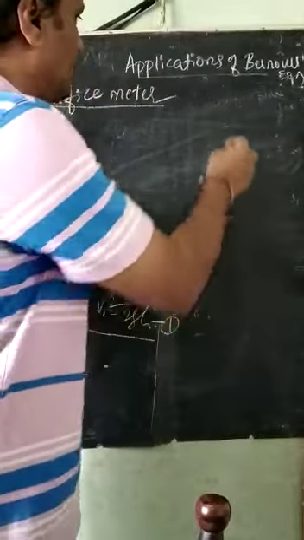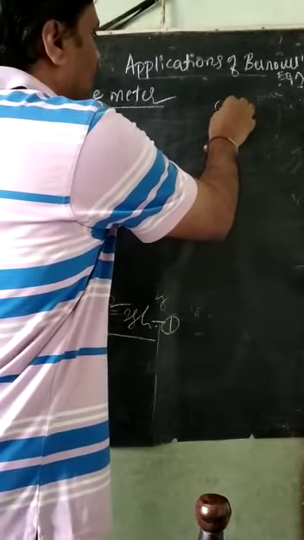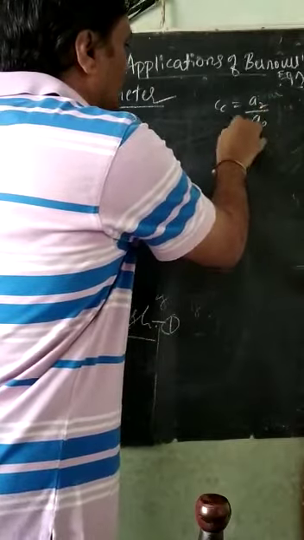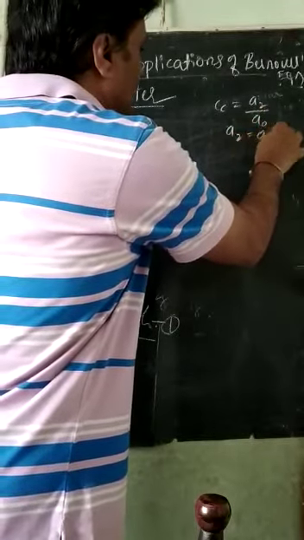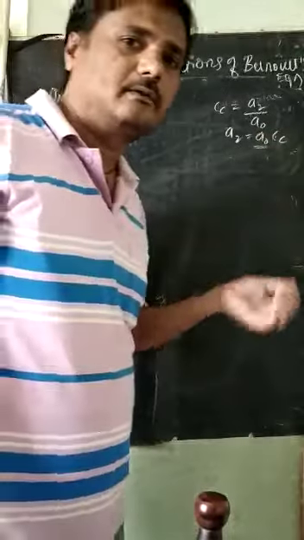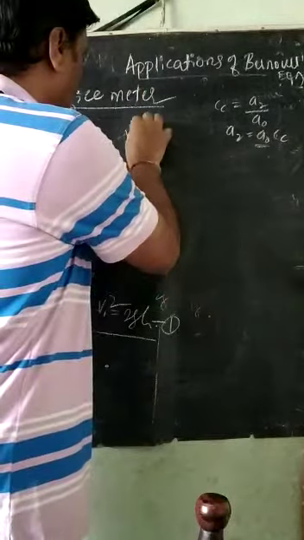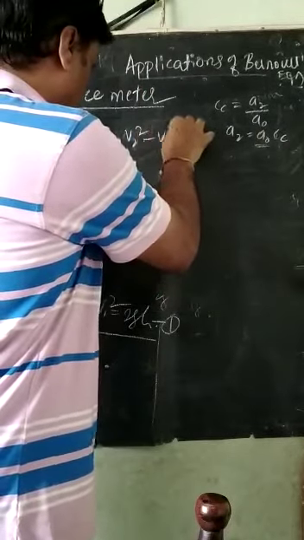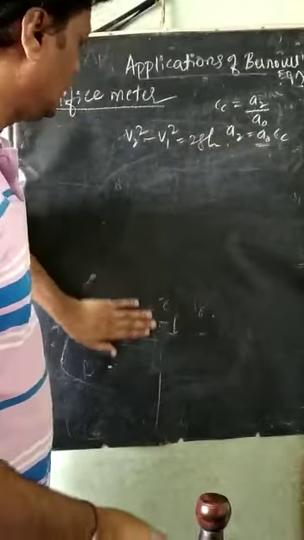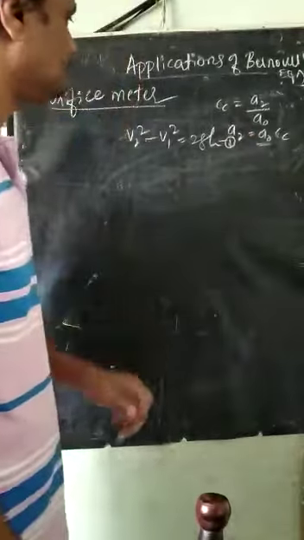Cc is equal to A2 divided by A0, that is, A2 is equal to A0 into Cc. The vena contracta area is replaced here. Next, V2 square minus V1 square is equal to 2GH. This is the relation we have derived. Call this equation number 1.